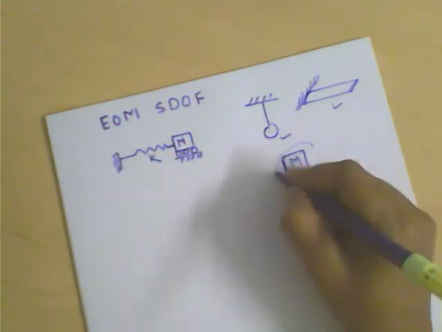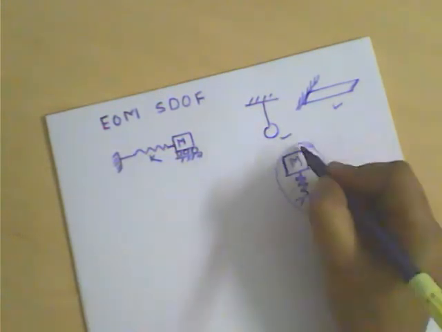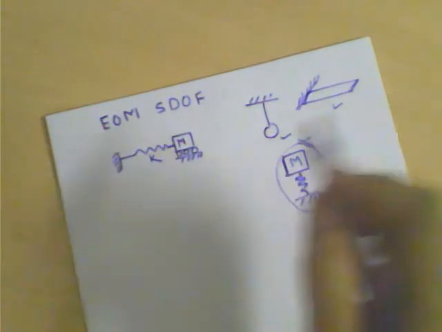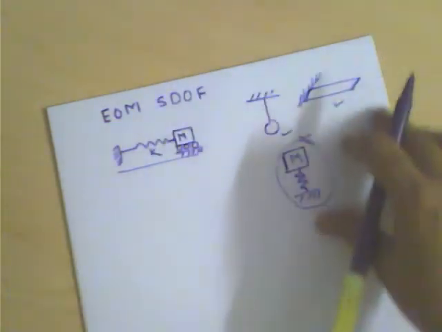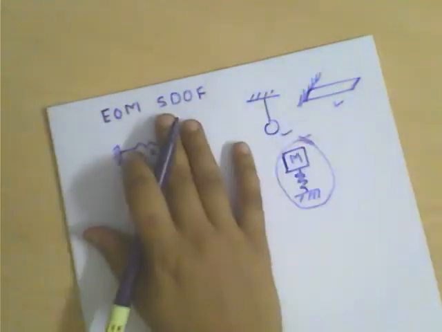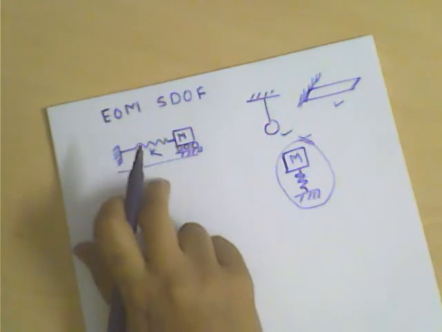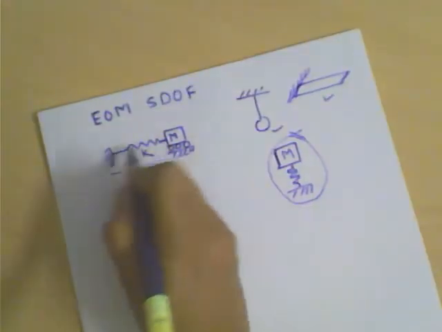This is the most crude approximation, but there is no harm in beginning with it. So this system is representative of many realistic systems, and our job is to derive the equation of motion for this mass block attached to the spring.